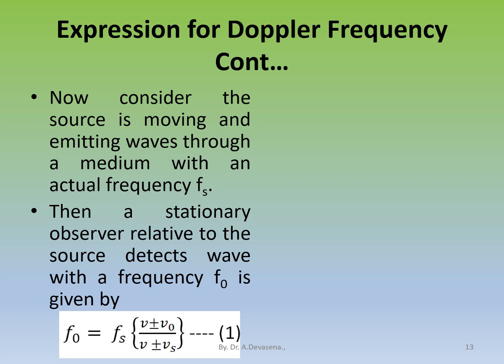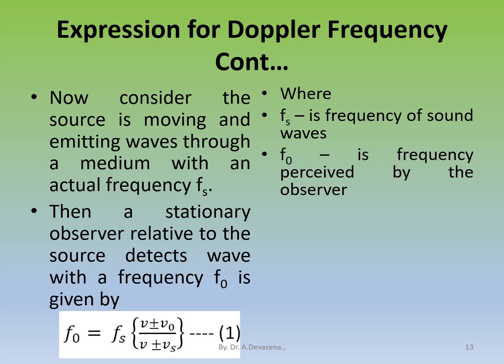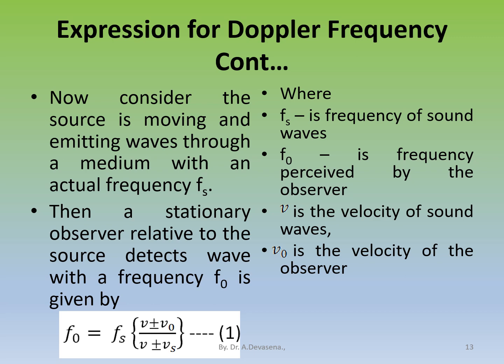Consider this equation 1, where fs is the frequency of the sound waves, f0 is the frequency perceived by the observer, v is the velocity of the sound waves, v0 is the velocity of the observer, and vs is the velocity of the sound source.